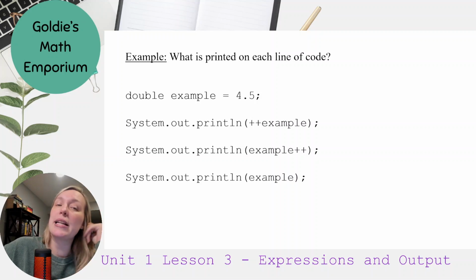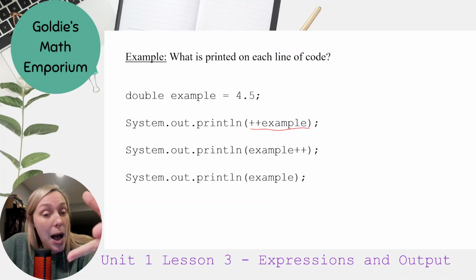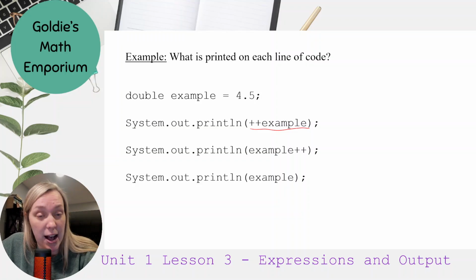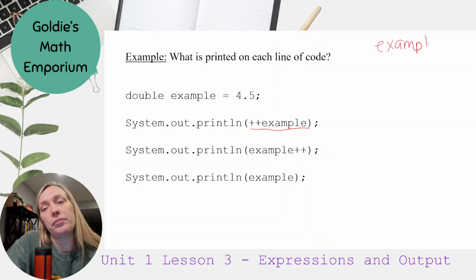Okay, so what's printed? Let's say we have double example equals 4.5. So example has 4.5 and I want to print ++example. So this is a pre-increment operator. What it does is it adds 1 to 4.5 and then changes example. If I were to trace it, example has 4.5 in it.